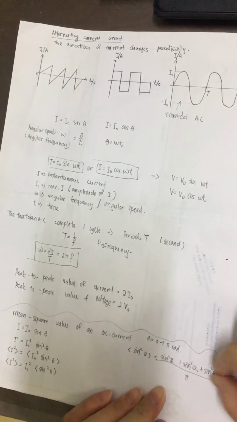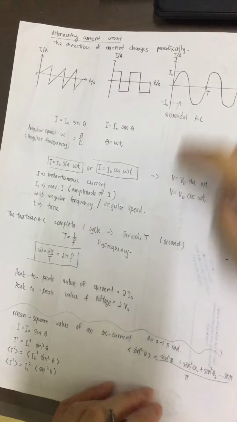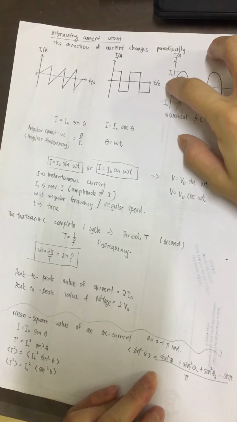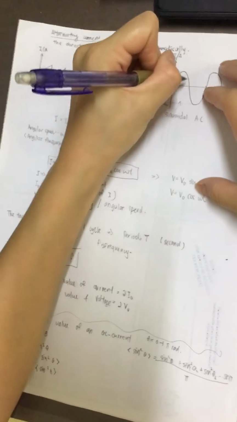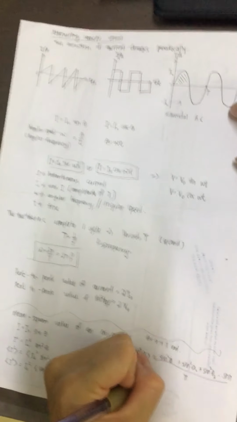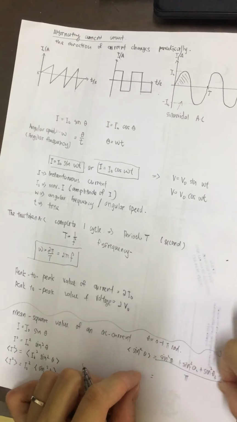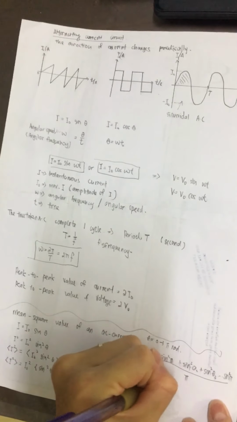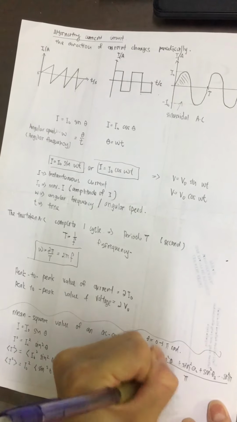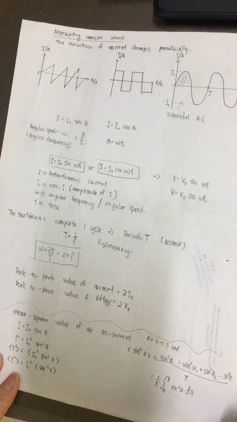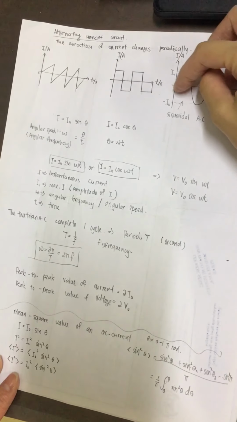If you refer back to this graph, the sine squared value, if we add up all the values, we are actually finding the area under the sine squared graph. So the sum from 0 until pi will be equal to 1 over pi times the integral from 0 to pi of sine squared theta d theta, because we want to find the area under the graph.